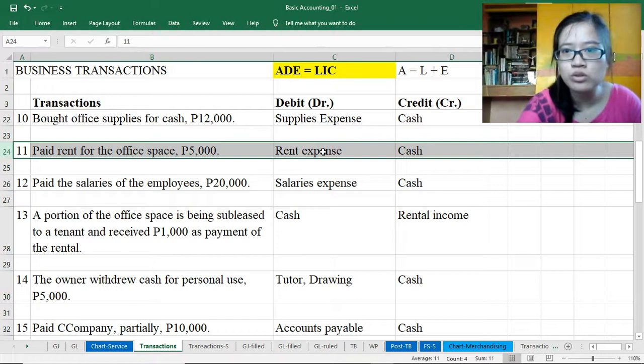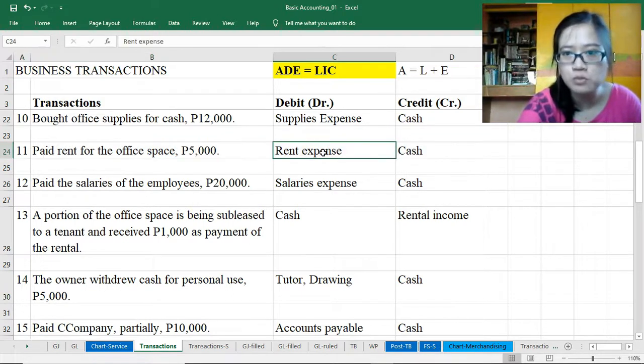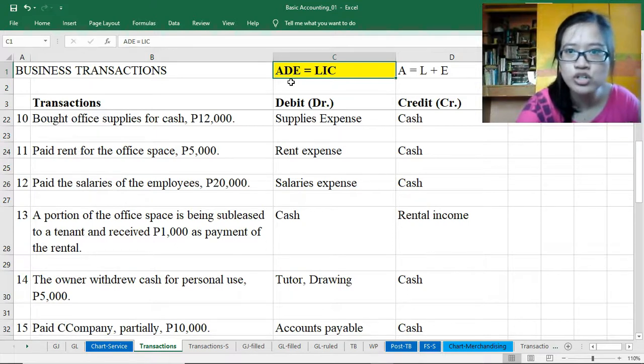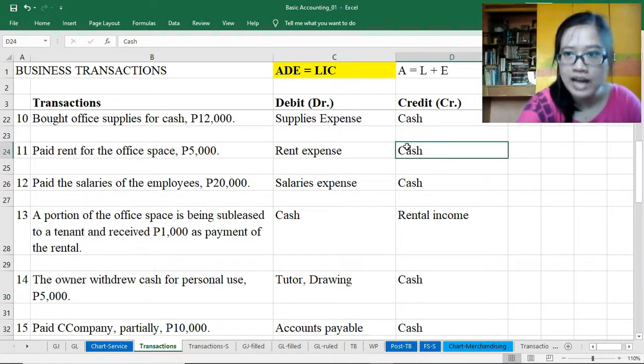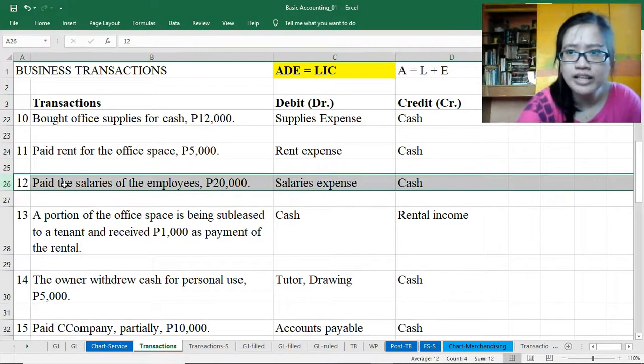So, debit to an expense account, which is rent expense. Tapos, nabawasan yung kanilang asset, yung kanilang cash. So, credit yung cash account. Okay? Normally kapag expenses, so it's debit to expense account, credit to asset account. Pag binayaran in cash, edi credit cash. Okay? So, yun. Kapag yung ginamit na word is paid, normally ay binayaran in cash.